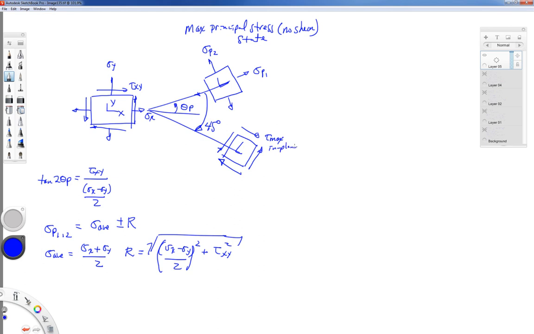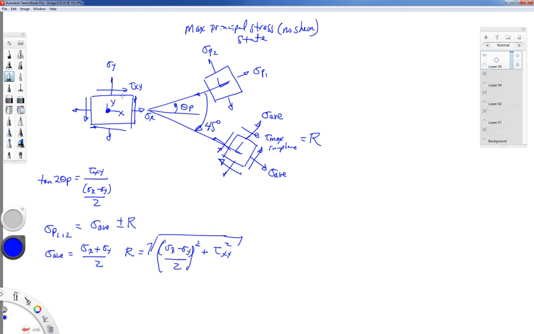But the value of that maximum shearing stress in plane, in the xy plane, will have the value of R, that hypotenuse of that triangle that I constructed, and in addition to that, I have normal stresses all the way around that are equal to the value of sigma average. Now, I drew these off to the right of my original block, but really all of these things are happening right on top of that point right here.